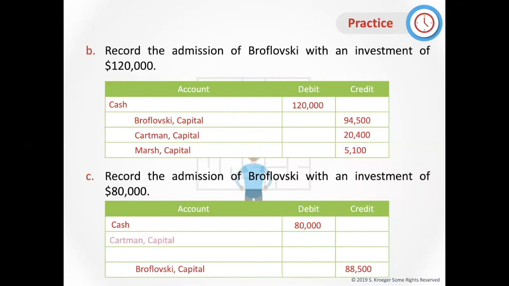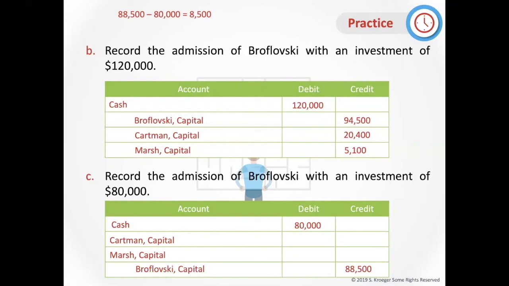We have Cartman and Marsh as the old owners. I'm putting them on the books as a debit. Like I said, it will reduce their capital. To figure out the amount, it's the same thing we did in Part B. Find the difference between the value of the investment and the cash amount, which would be $8,500.